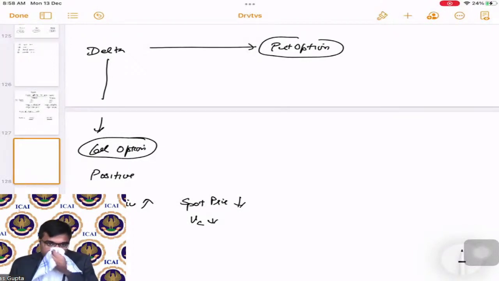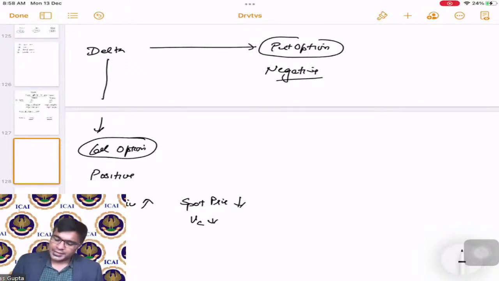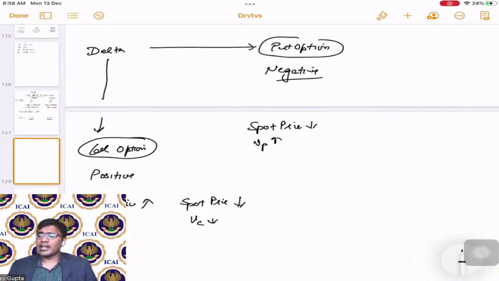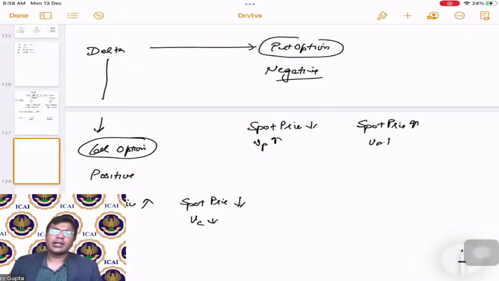Okay, students. So the delta of a call option is always positive because it shows the positive relation, as we discussed. On the other hand, the delta of a put option is always negative to show the negative relation. Now, how is this negative relation established? If the spot price decreases, the value of the put option will increase. Similarly, if the spot price increases, the value of the put will decrease. This is called the negative relation, correct? Let me make the symbols pretty clear. The spot price increases, the value of put will decrease.